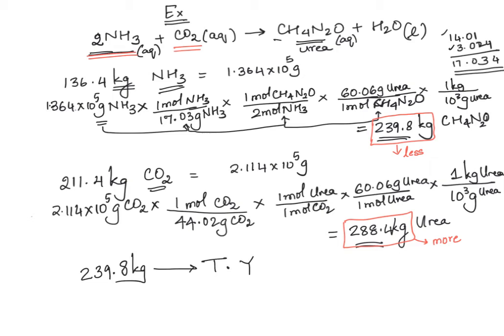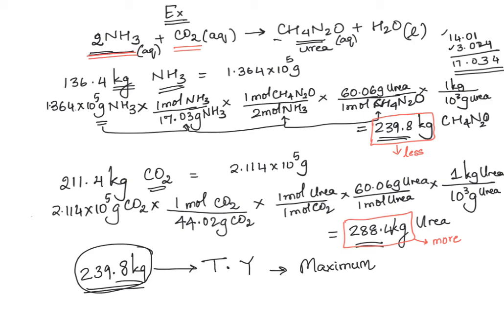That means theoretically, this is the maximum amount of urea that you can produce if you have 100% reaction efficiency. 239.8 kilograms is the maximum you can produce. Now remember, all the time there won't be 100% efficiency. Sometimes it will be less efficient, right? Because of several reaction conditions. The theoretical yield is the maximum that you can produce.